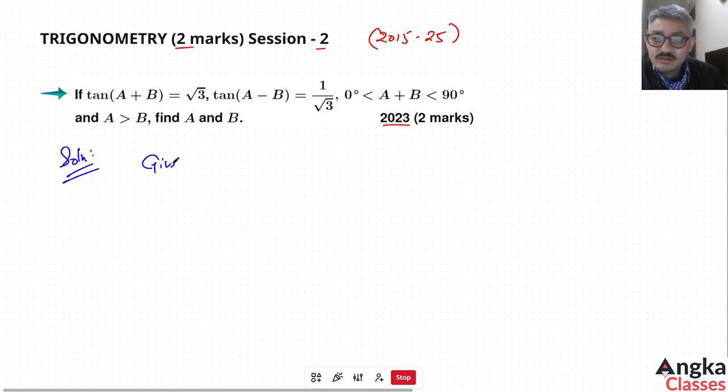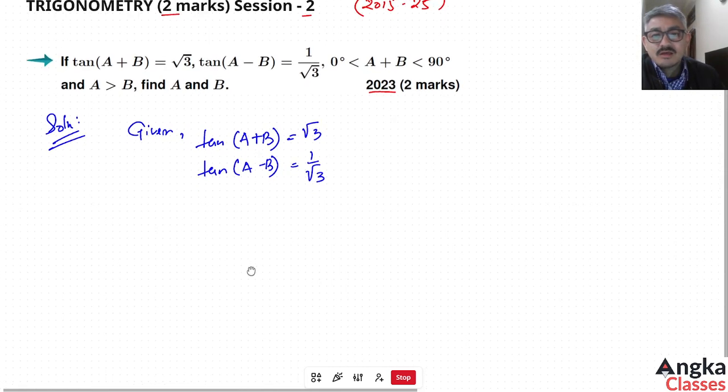Given, we always write the given statement: tan(a + b) is equal to root 3 and tan(a - b) is equal to 1 by root 3.